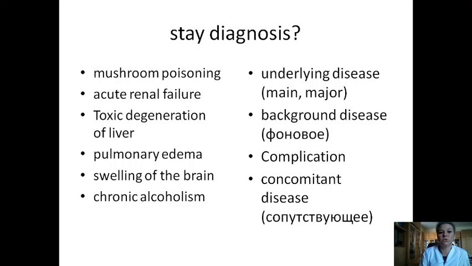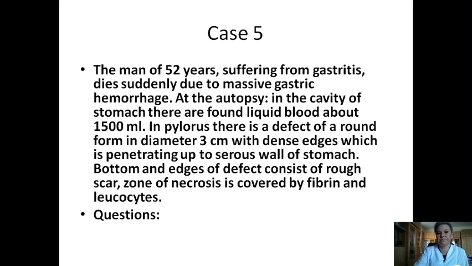On the left side, you can see main pathological processes and diseases of this situation: mushroom poisons, acute renal failure, toxic degeneration of liver, pulmonary edema, swelling of the brain, and chronic alcoholism. You must assign those processes and diseases to the four main rubrics: underlying disease, background disease, complications, and concomitant disease.